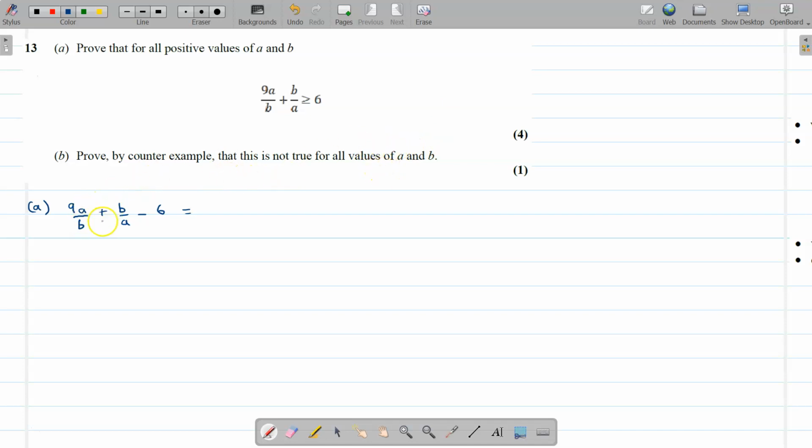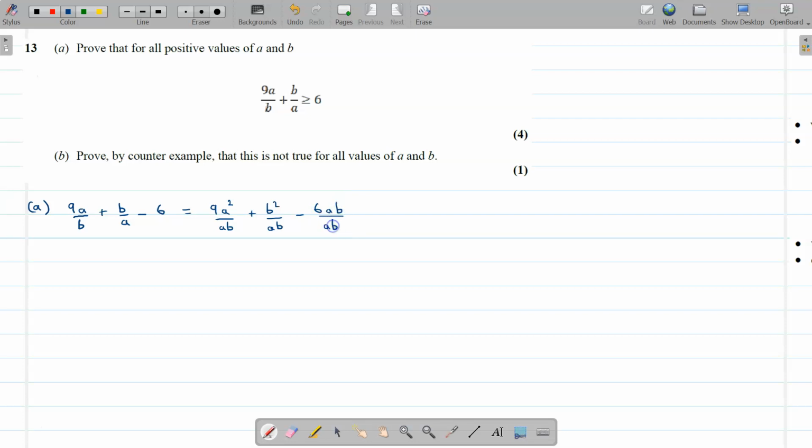So I'm going to say 9a over b plus b over a minus 6 is the same as this, okay? So all I'm doing here is I'm finding a common denominator of ab, okay? And I'm then adding b squared over ab, and then subtracting 6ab over ab.